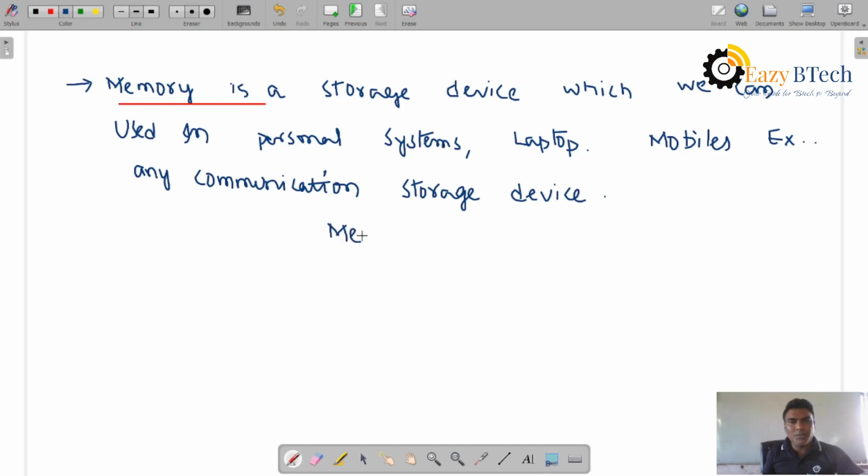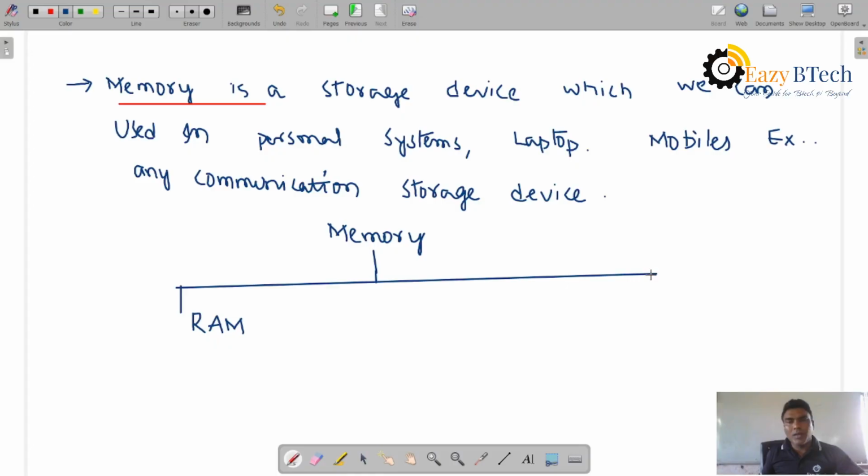Memory is classified into SRAM, DRAM. It comes under ROM, RAM, PROM and EEPROM. Basically, it is RAM, random access memory, and we have read-only memory, right? RAM, random access memory.